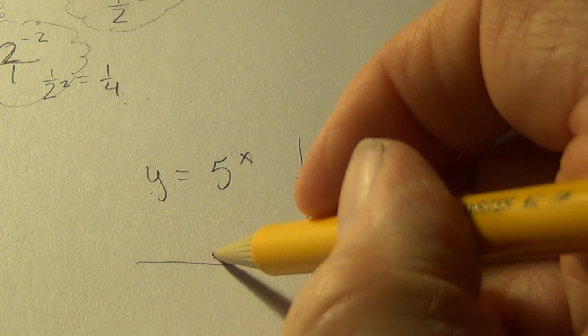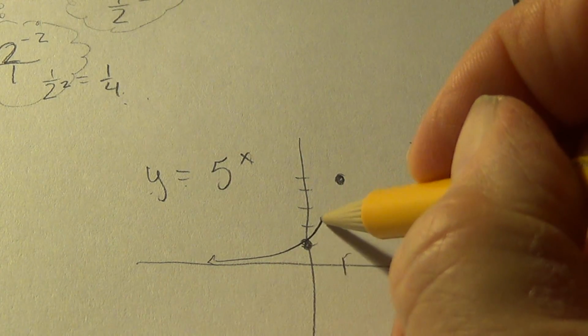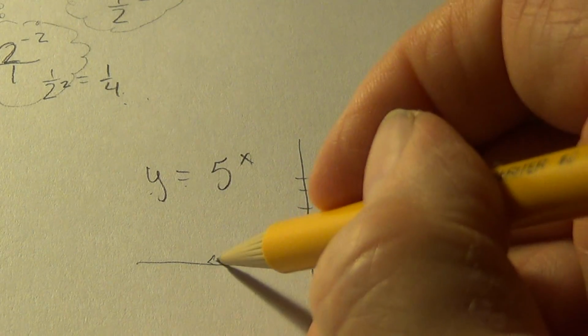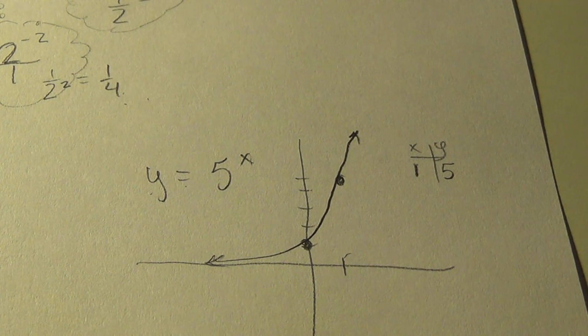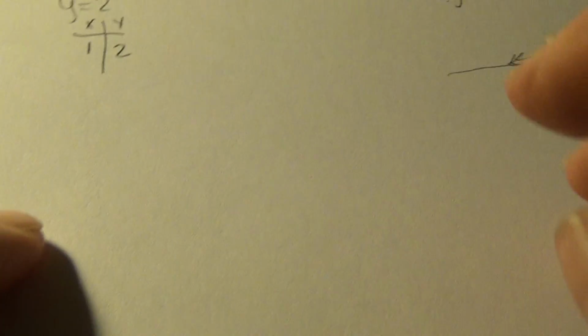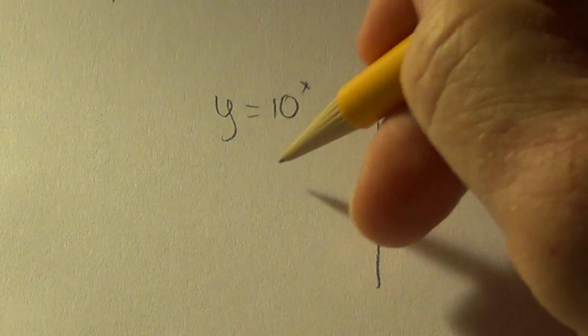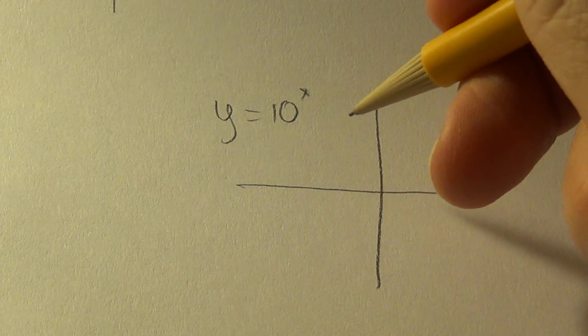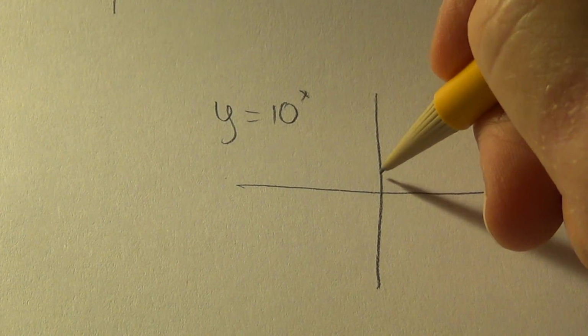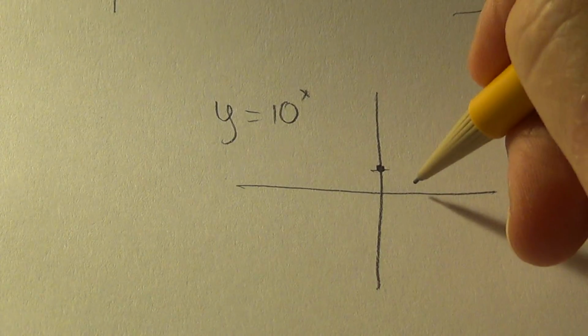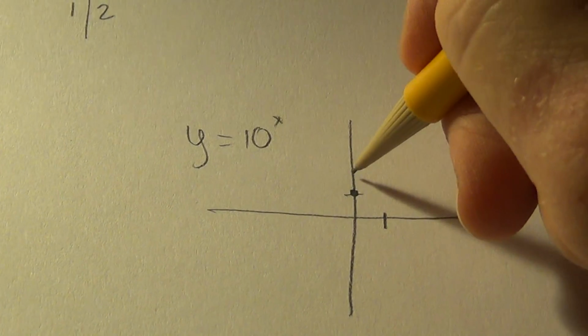I know the tail is over here, and it goes zinging up. And if I did one more, y equals 10 to the x. This point is on it. When x is 1, y is 10.